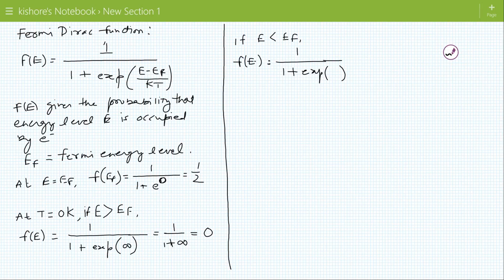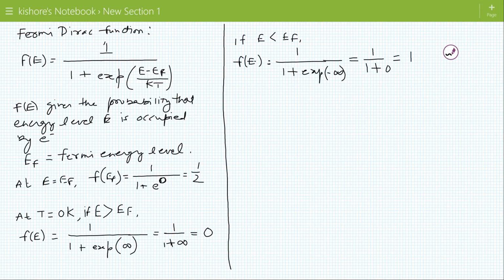So Fermi-Dirac function is 1 upon 1 plus e to the power minus infinity, and e to the power minus infinity is 0. So it is 1 upon 1 plus 0, or 1. So if E is less than Fermi energy level, then value of Fermi-Dirac function is 1.